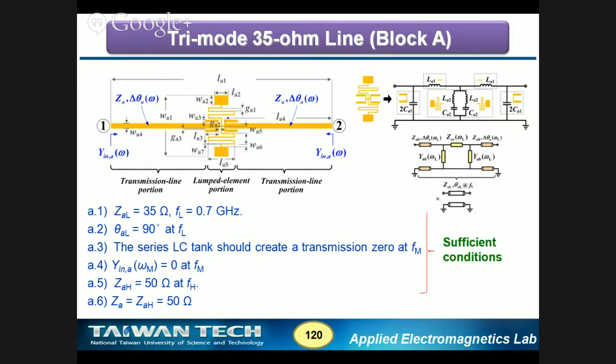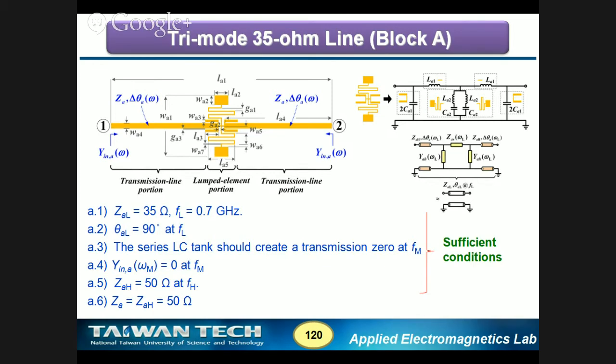The first one, 35 ohm at low frequency. The second one, 90 degrees at low frequency. And the third one, there is a transmission zero due to the LC tank at the mid frequency. And don't ask me why there are 2 LC tanks. It is just that my student said he wanted it to be symmetric. There's no particular reason.